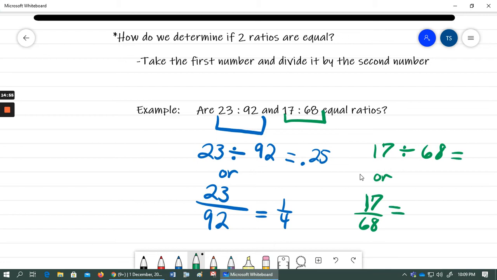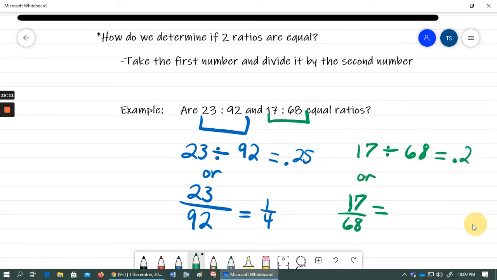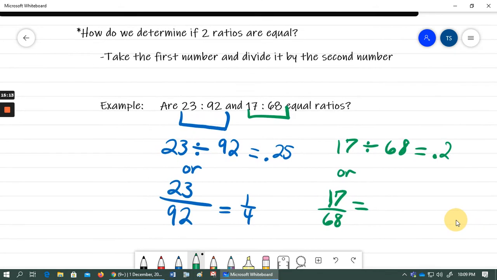And some of y'all gonna switch it around. I hope that that's not true. I hope that y'all don't switch the two numbers around and say 68 divided by 17, and then wind up getting 4 instead of 1/4. But anyway, okay. So 17 divided by 68 is 0.25, and again, that's the same thing as 1/4.